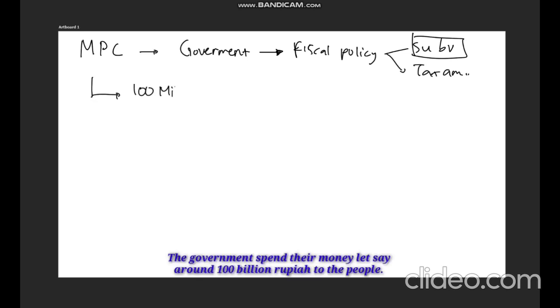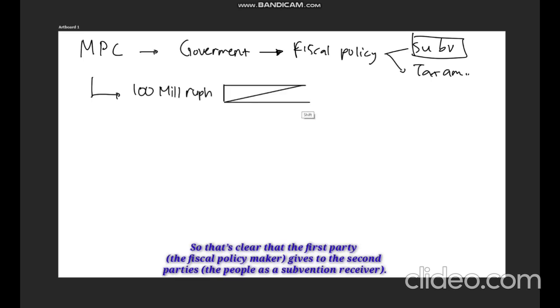The government spends their money, let's say around 100 billion rupiahs, to the people. So that's clear that the first party, the fiscal policymaker, aka the government, gives to the second party, the people, as a subvention receiver.